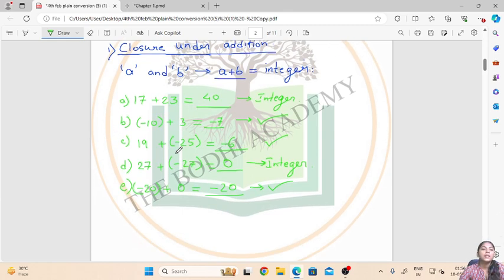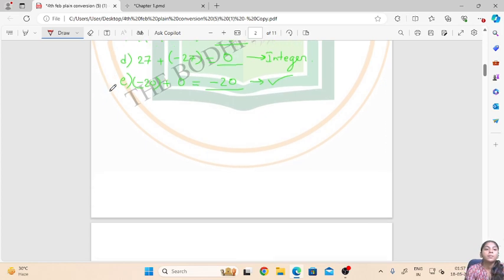So here we see that for any two integers, the sum of the two integers, that is a plus b, is always an integer. That is why we say that integers are closed under addition.